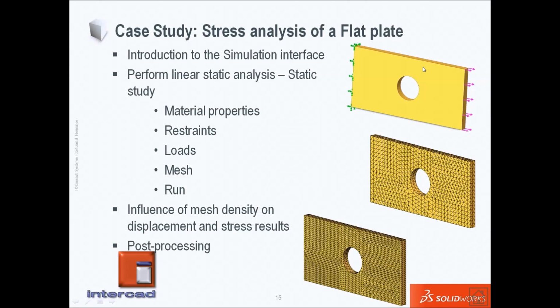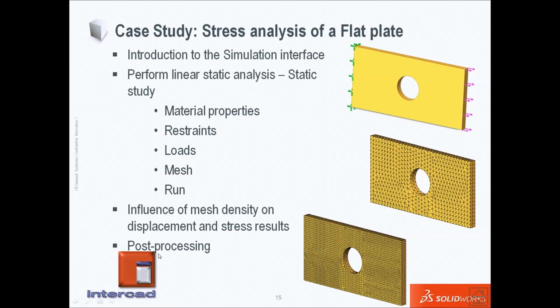We will review how we choose the study, how we select the material property, apply restraints, load, and mesh, and run the actual study. And also we will introduce the influence of mesh density, meaning coarser or finer mesh, and how it affects our final result.